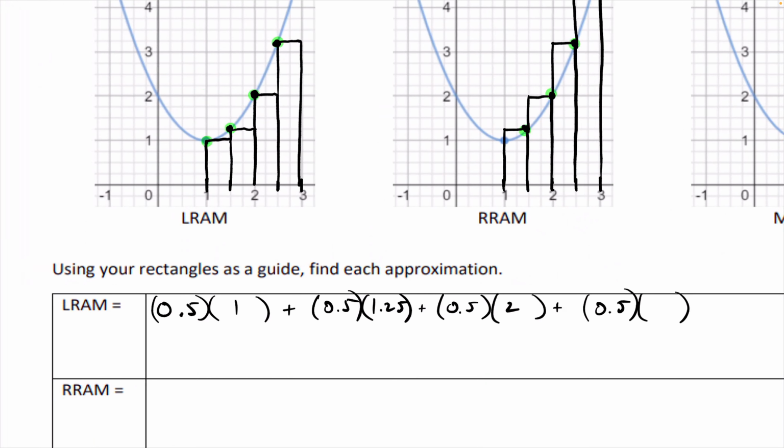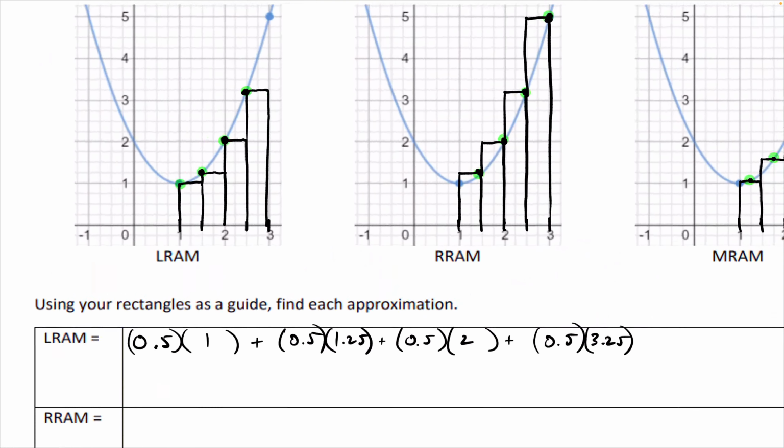And then the last one is, what is that, 3.25? Yeah, they each have a 0.5. You can factor a 0.5 out and just add the numbers 1 plus 1.25 plus 2 plus 3.25 and then divide it by 2.